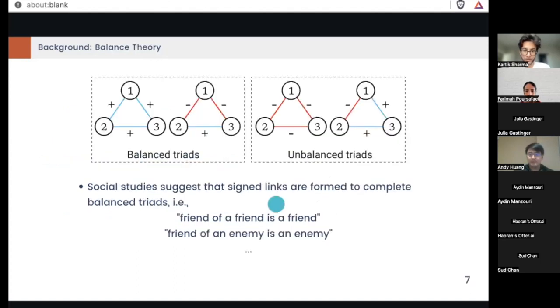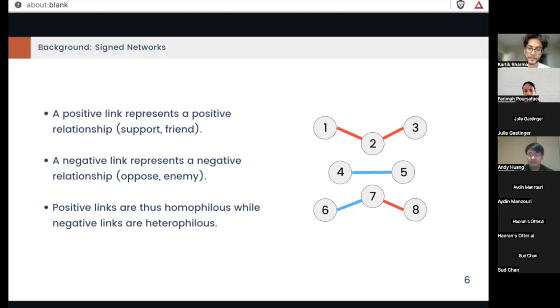Just a quick question. How about neutral links? For example, I don't have an opinion on the product, like a rating of 3 out of 5. Right. In this work we don't consider neutral links, but they can also be considered, and I guess we then get a gradient of relationships from negative towards positive.